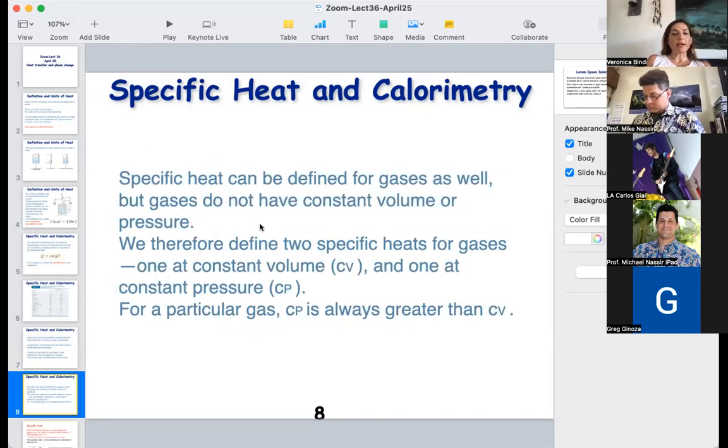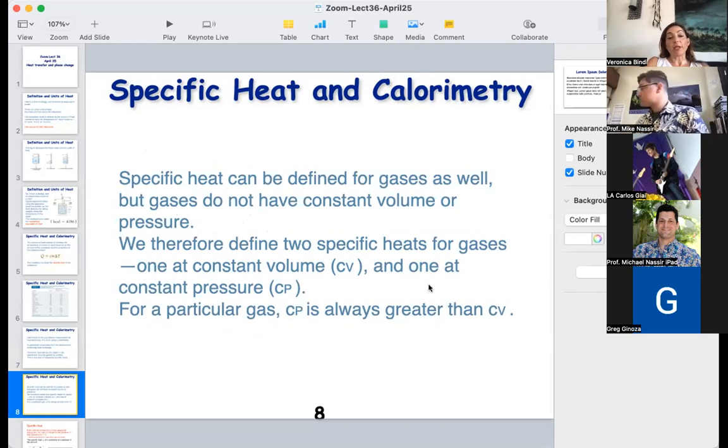The specific heat can also be defined for gases as well, but gases do not have a constant volume or pressure. So we define two specific heats for gases. One, when we have a constant volume. So if we keep the gas inside a constant volume, although the pressure might change, we have a specific heat, which is CV.